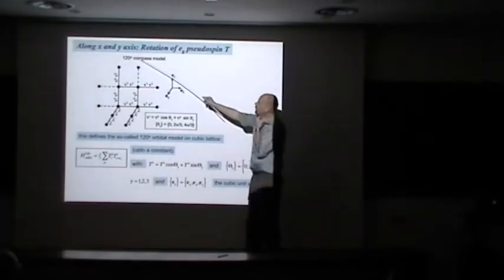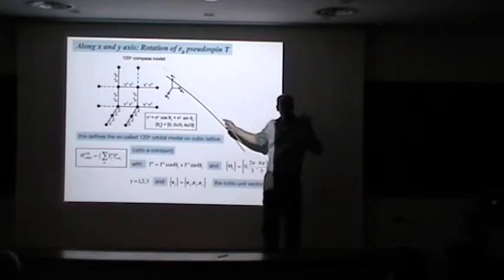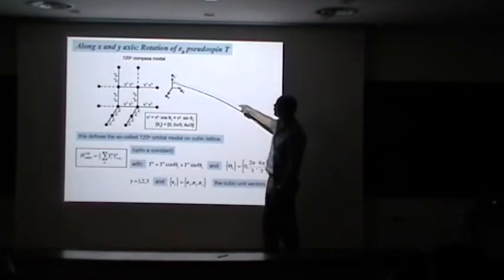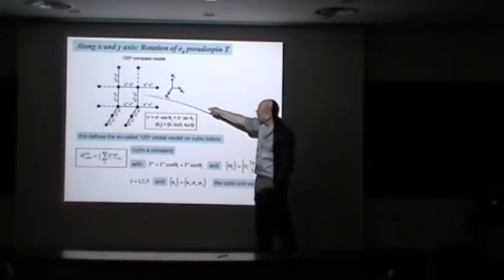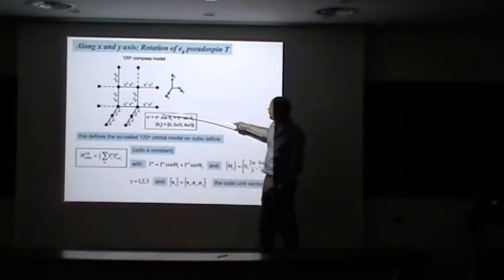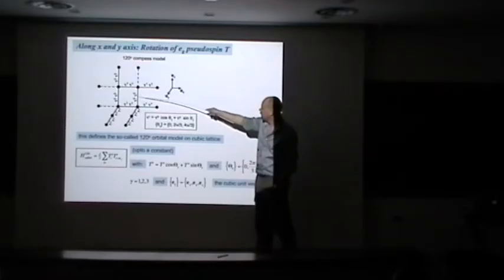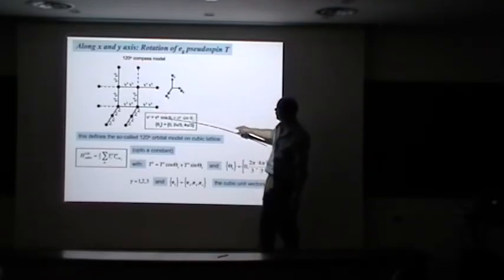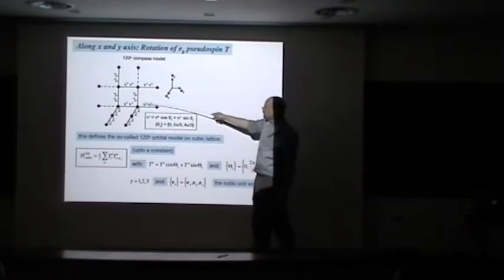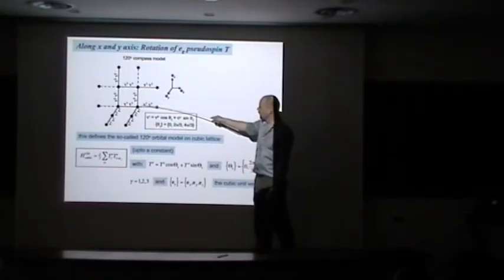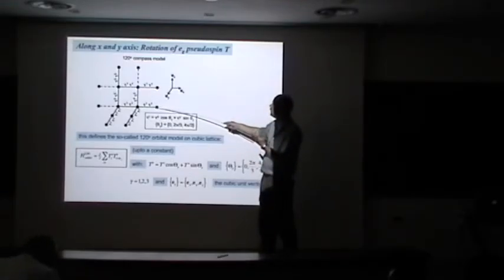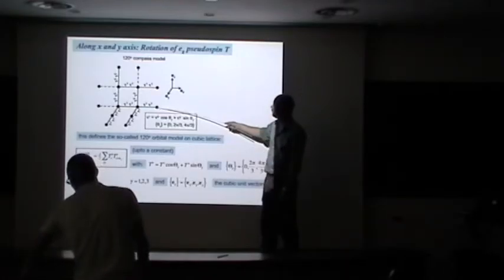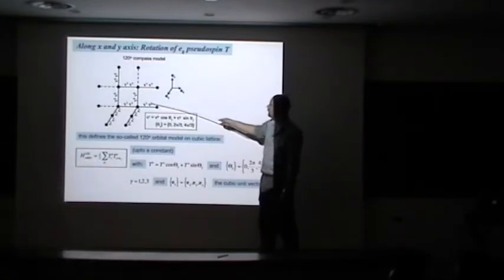In the picture, the 120-degree orbital model, so without spins, just orbitals, I have these three axes. Along the z axis, the interaction is tz, tz. Along the other directions, the interaction is tz plus square root of 3 tx, and the other one is negative.